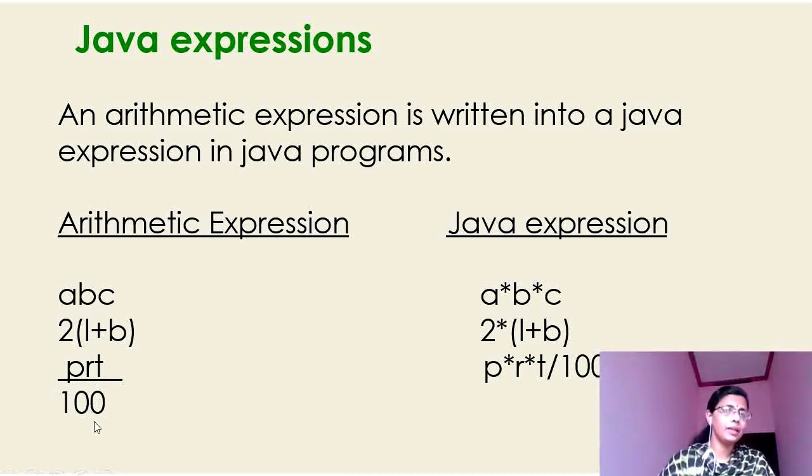This is our mathematical expression, right? But in your Java expression, PRT is nothing but P * R * T, and this by symbol cannot be used in Java. What do we use for division? We make use of slash. So slash 100: P * R * T / 100.